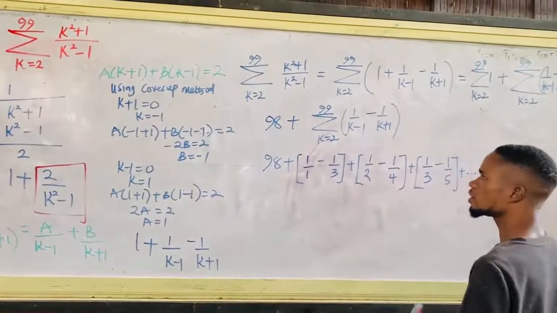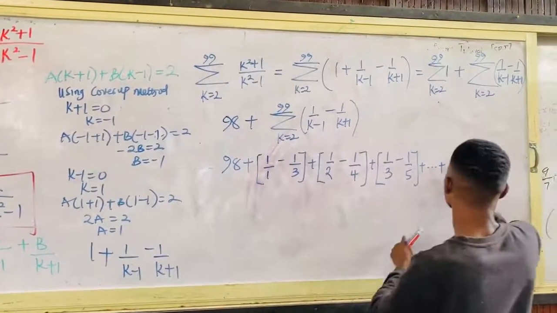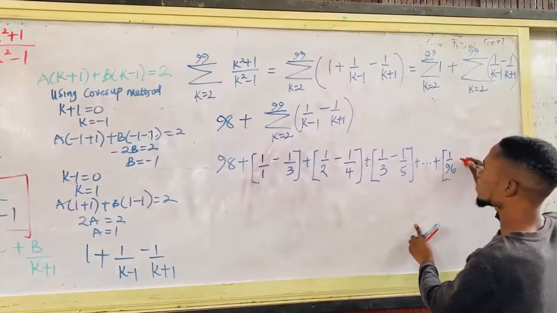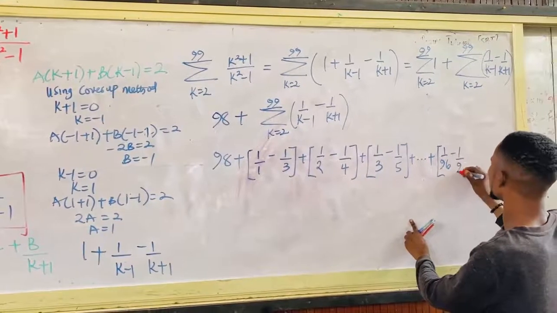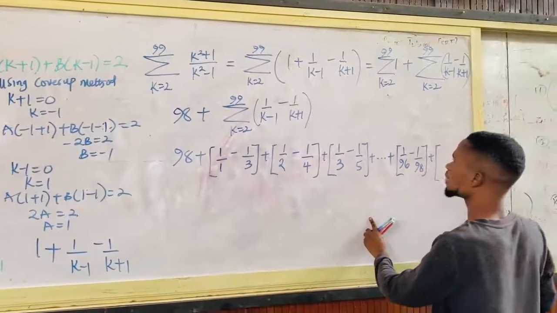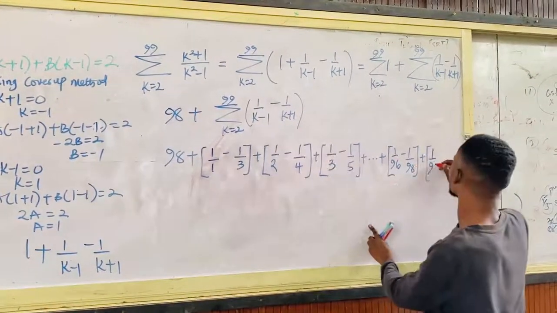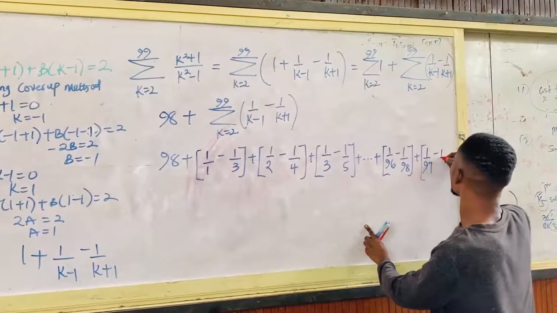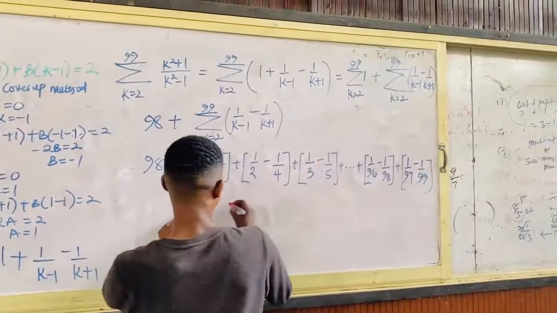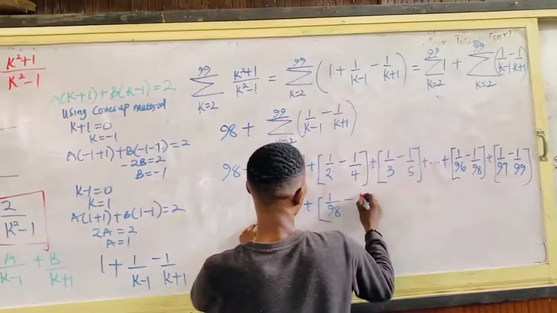Now let's take the last 3 terms, that's 97, 98 and 99. For 97, that's 1 over 96 minus 1 over 98. For 98, that's 1 over 97 minus 1 over 99. For 99, that's 1 over 98 minus 1 over 100.